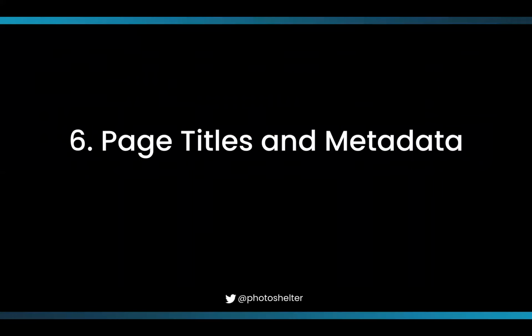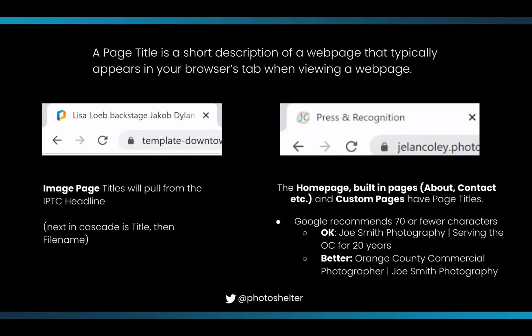Page titles and metadata. We briefly talked about that. The page title for us pulls from the IPTC headline. It is different for every company, but at the top you can see on the left, Lisa Loeb backstage, Jacob Dillon. That tells people what that page is. It varies between each company where they're pulling it from, but it should have a brief description of the page.